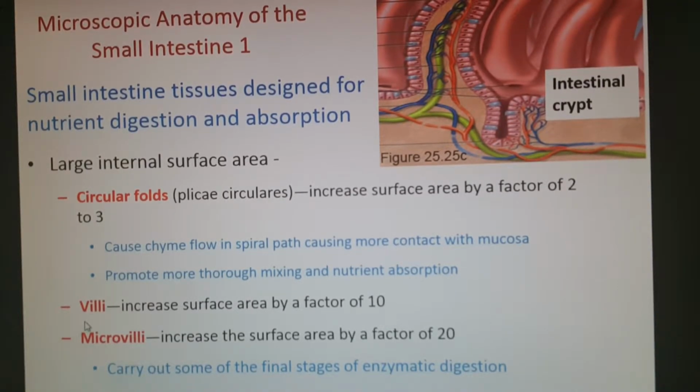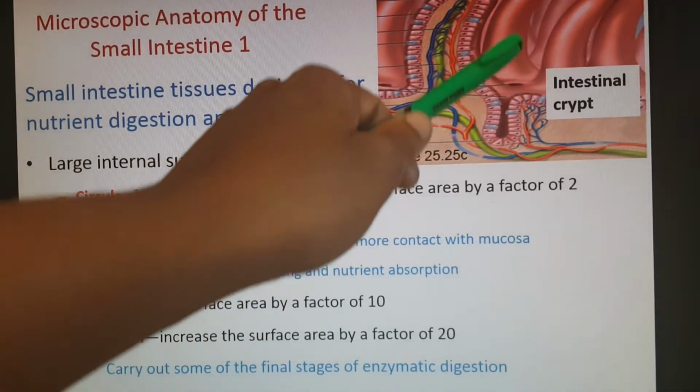So as your food is being digested in the small intestines and broken down into the monomers, what helps your small intestines absorb the nutrients that you have taken into your body is the internal surface of the small intestine having a lot of folds inside of it.